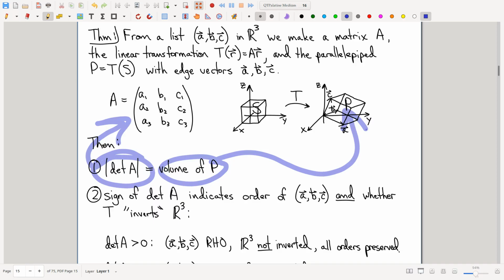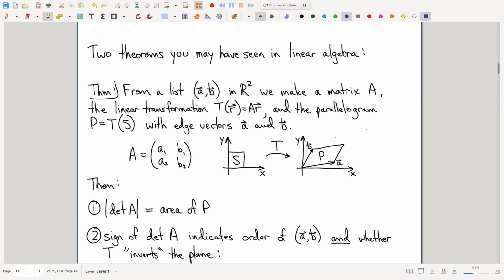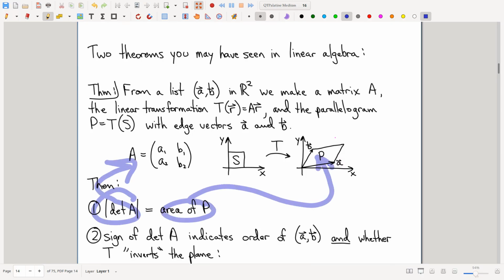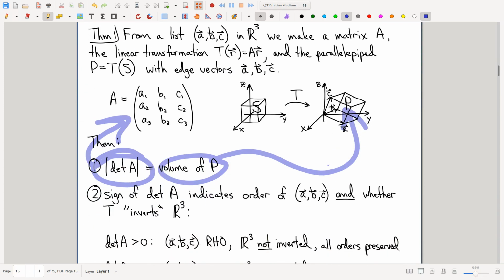Naturally, being 3-dimensional, volume, not area. But still, the absolute value of the determinant tells us how big the thing is, just like in 2 dimensions, the absolute value of that determinant tells us how much area that has. It's very much a 3-dimensional version of the same theorem, and likewise on down the road.